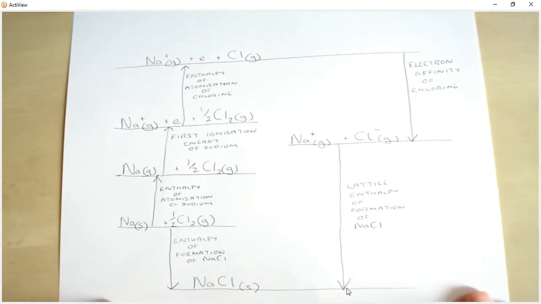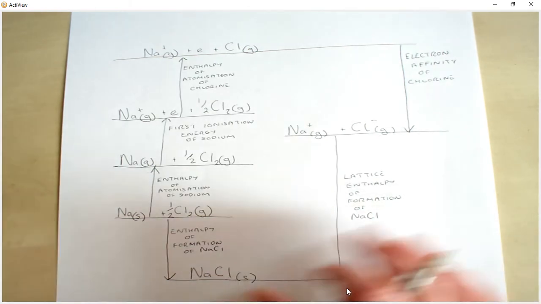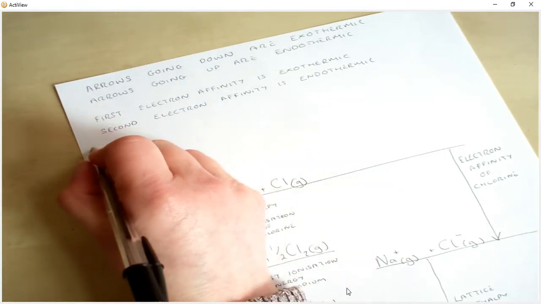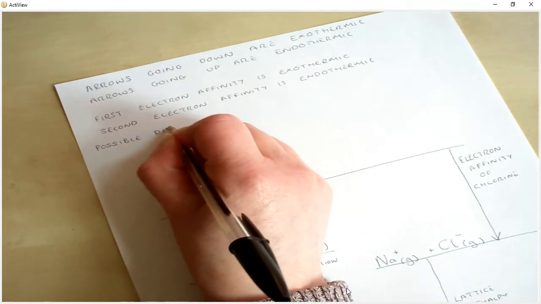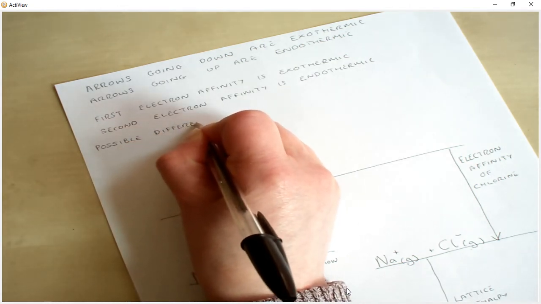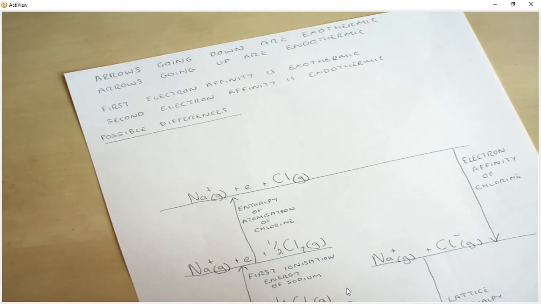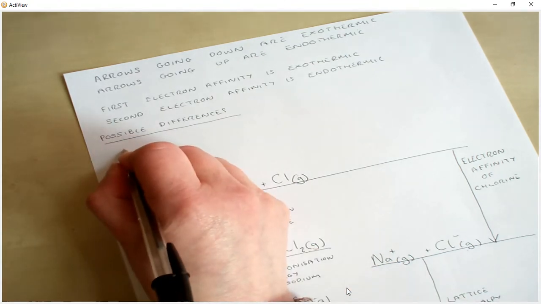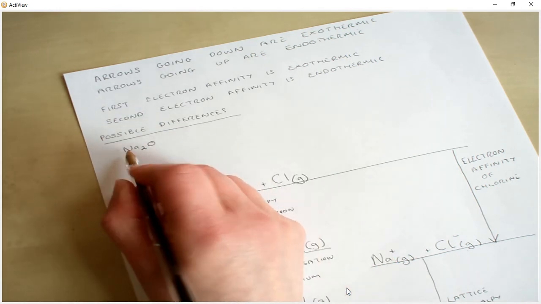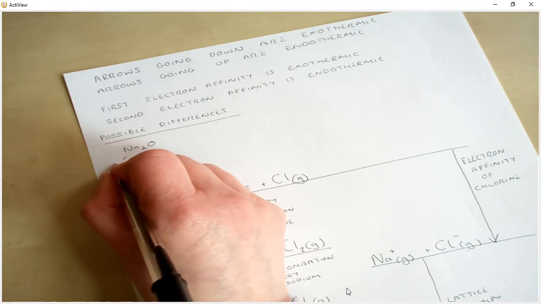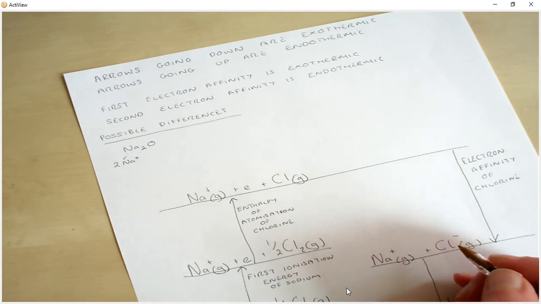Okay, so most Born-Haber cycles are going to look something like that. Where there's a difference, so possible differences, if I had something like Na2O, then I'm going to have 2 of the sodium ions in there, so I need to include that in my cycle.